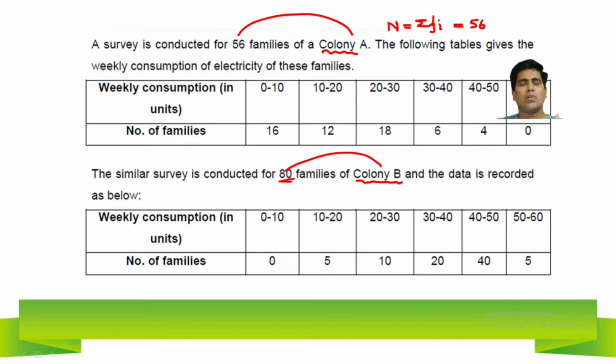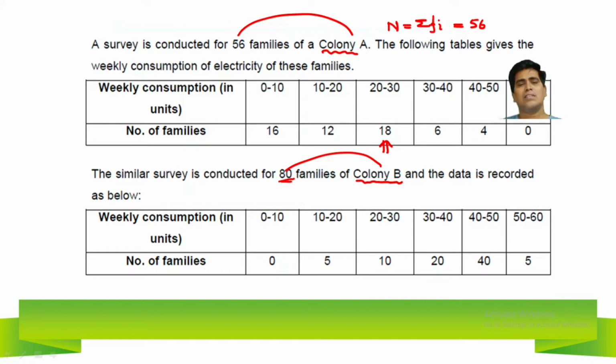Maybe in some of the questions he may ask about modal classes also. If you look at the first table, where is the highest frequency? You find the highest frequency in the class interval 20 to 30. This is called the modal class here. The class with the highest frequency is the modal class.